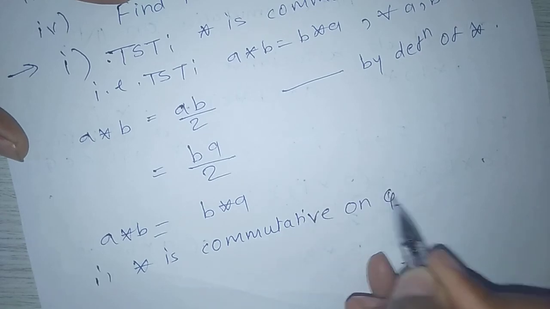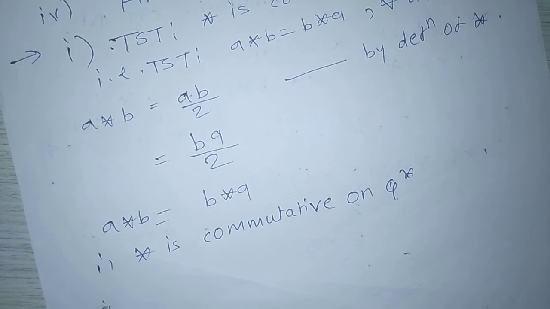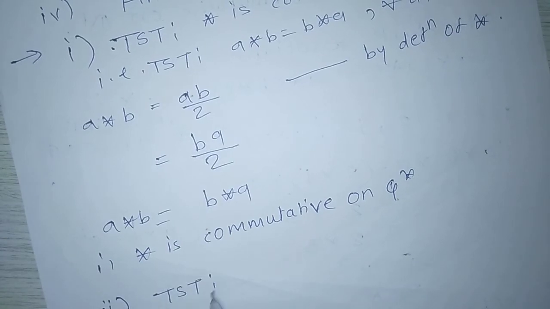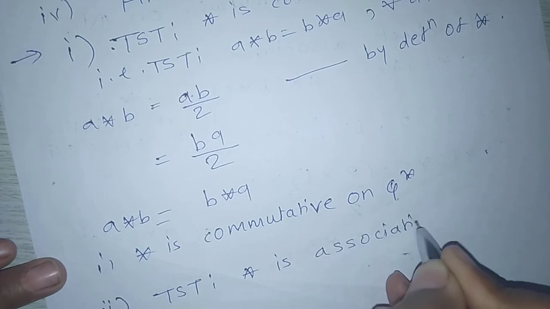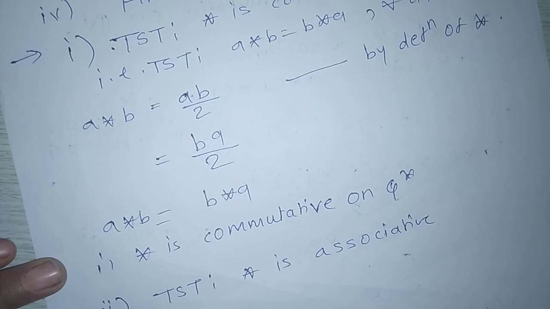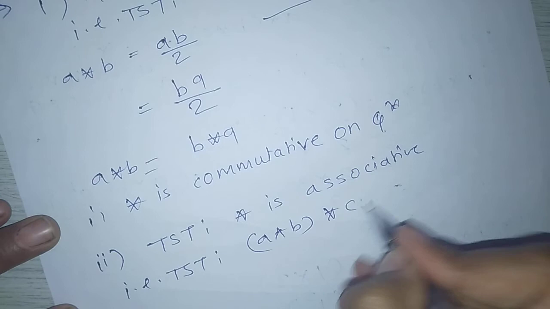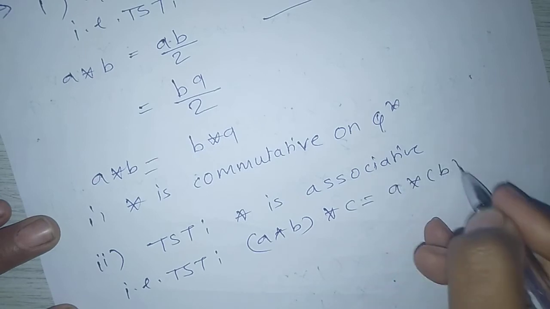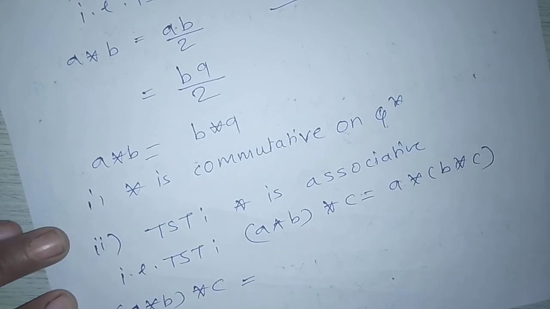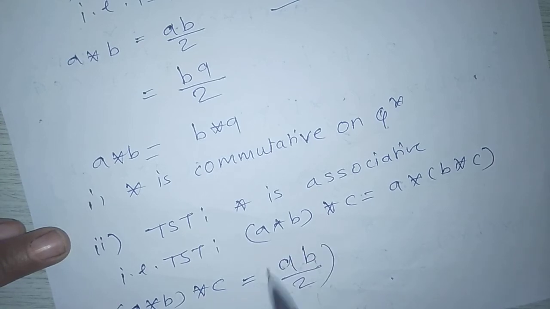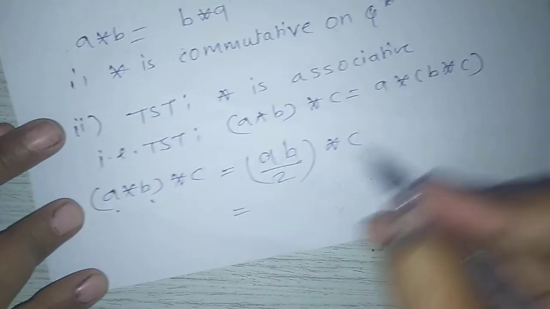on Q star. Second, to show that star is associative, that is to show that A star B star C equal to A star of B star C. First, find A star B star C equal to A star B, by definition AB upon 2, and star C as it is.